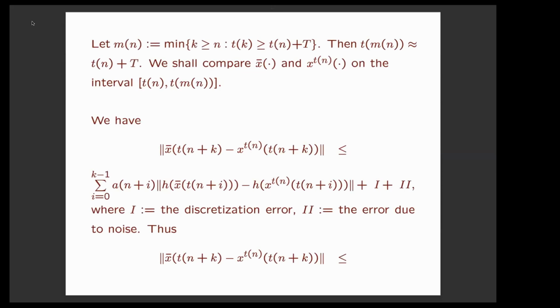You can consider some t(n+k), the difference between x bar and x^{t(n)} at the same point, and you just, as a standard triangle inequality, will do something like this, where 1 and 2 are not yet specified. The 1 I call the discretization error, and 2 is the error due to noise.